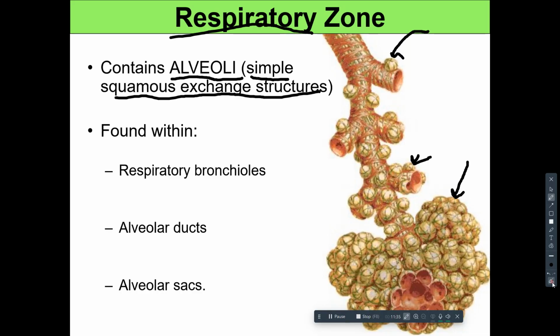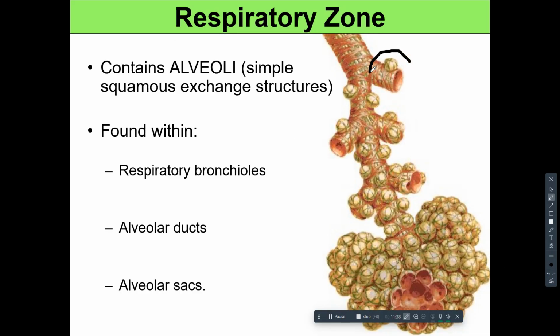Respiratory bronchioles. So this is a respiratory bronchiole. This is where we generally have lonely alveoli. Another respiratory bronchiole right here. And then I've got a tube made of alveoli. A tube made of alveoli is an alveolar duct. And then finally down here, I got a big cluster of alveoli. That is an alveolar sac. And that trio of structures, all of which contain alveoli, are going to make up my respiratory zone.